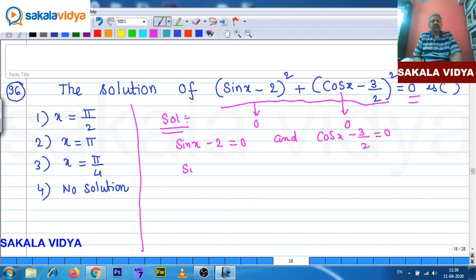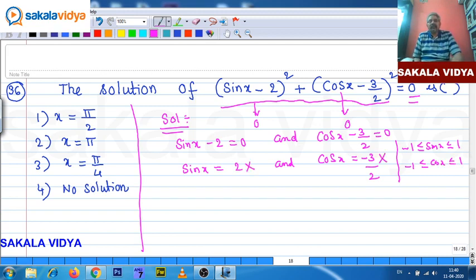So that means sin x is equal to 2 and cos x is equal to 3 by 2. See the domain of sin x and cos x. Sin x lies in between minus 1 and 1 only. Cos x also lies in between minus 1 and 1 only. So sin x equal to 2 cannot be possible. It is ignored. Therefore, no solution.